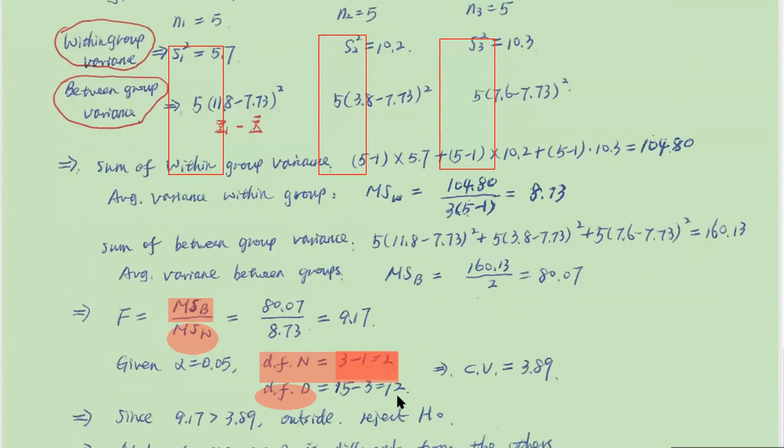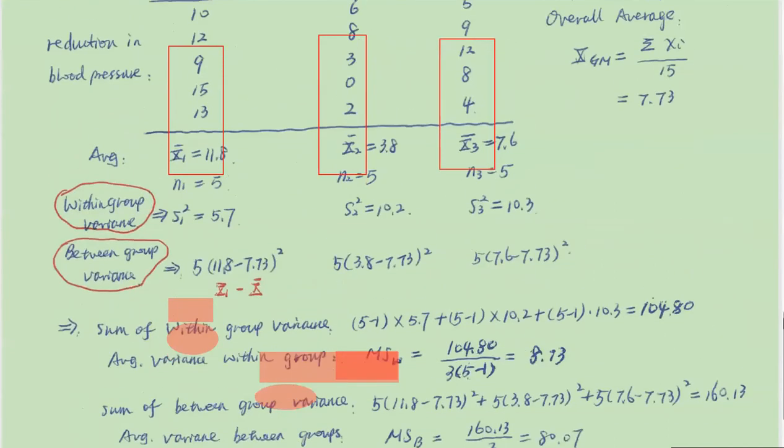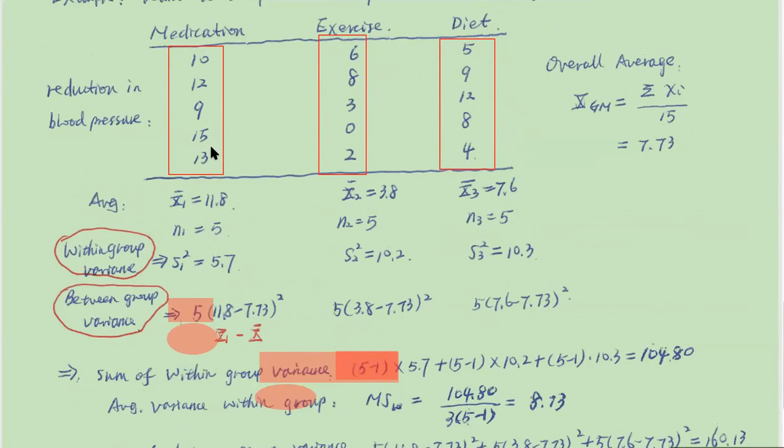You see that here? We got 12. So there are 2 ways you can find the degree of freedom for the denominator, which is for within group W. First way, you calculate the degree of freedom within each group: 5 minus 1, 5 minus 1, 5 minus 1. Add them together, you got 12.